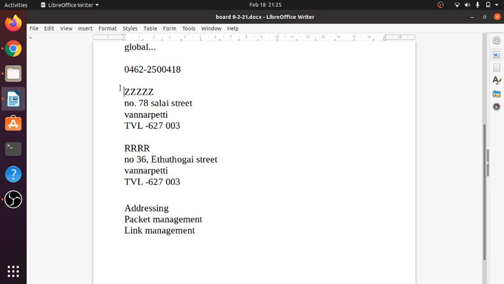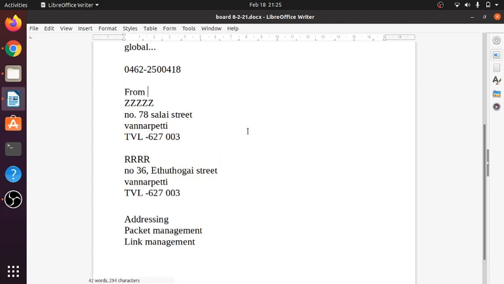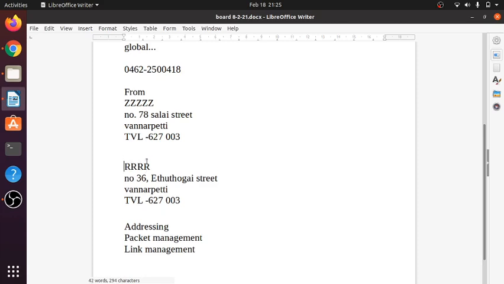So I took two different addresses, one is this and another is this, assuming that they are on the same post office level. Assume this person is the from address and this person is the to address.